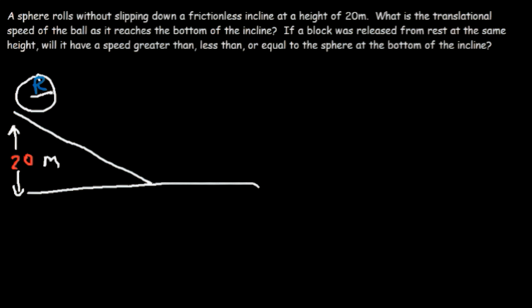So let's start with the sphere. This is a conservation of energy problem. The sphere is above ground level, so it has gravitational potential energy. As it rolls down, that potential energy is going to be converted into something. Where is it going? The sphere has to move forward, so it has translational kinetic energy.